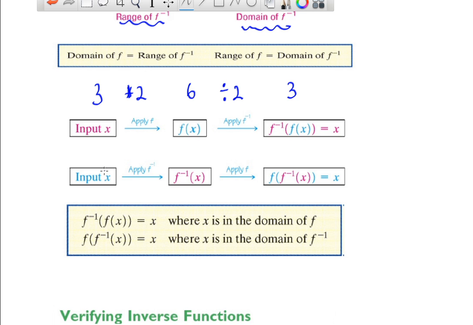If you take an input value and put it into the inverse, and that gives you a value, and then you take the original function and put it back in there, you're back at square one. So that's basically all this is trying to say, that to confirm an inverse, it has to work both ways.